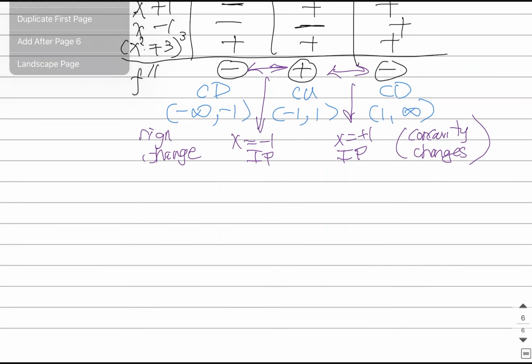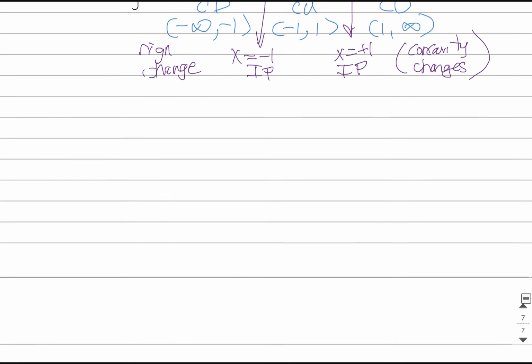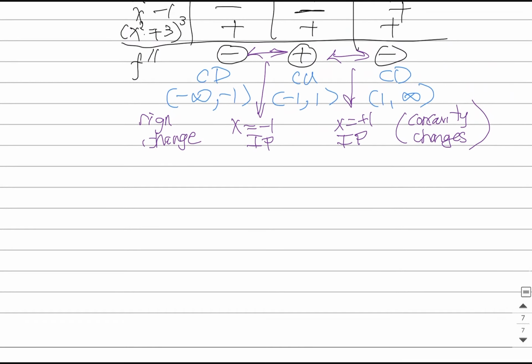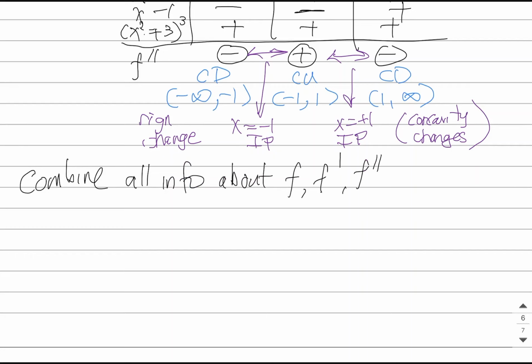So what we are going to do is take the results of everything that we did today and put it together. So we're going to combine all the info about f, f prime, and f double prime. And we're going to use this to draw a graph of the original function.